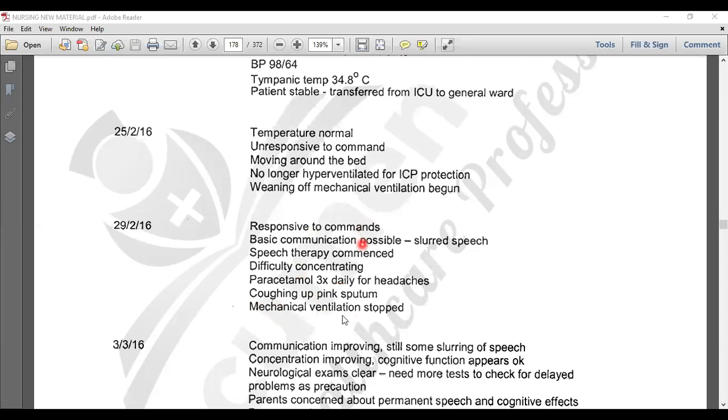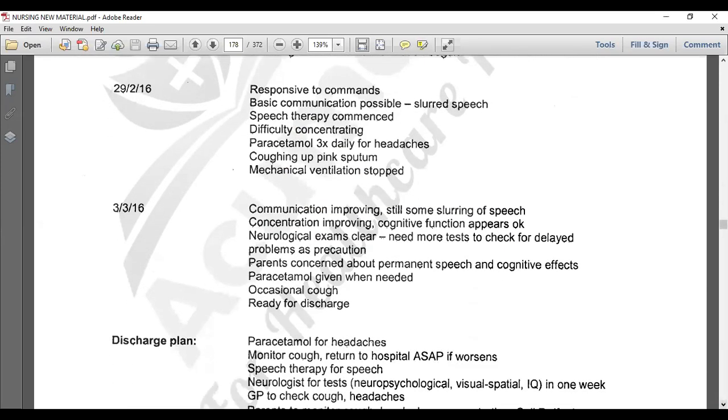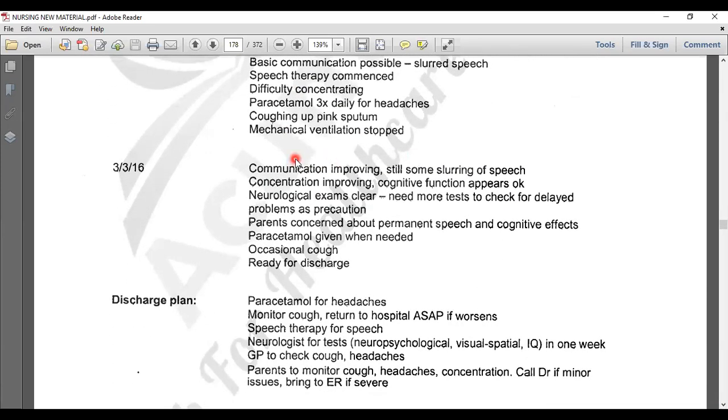So by this date all the previous problems had resolved, but then she developed a few new problems. So what was done about them? So speech therapy was given, so now her communication is improving, but she still has some slurring.